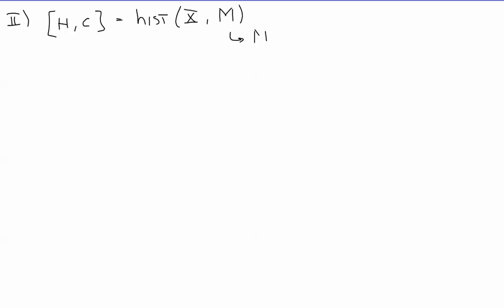My pen quit working. M is an integer, and that equals the number of bins I want to work with. You specify that up front. X is my random data. And of course, there are endpoints.